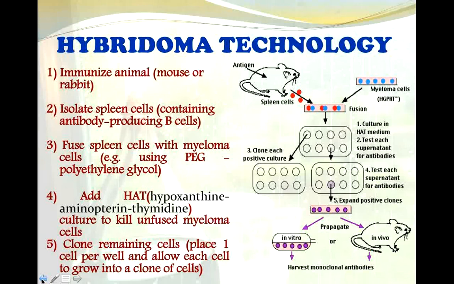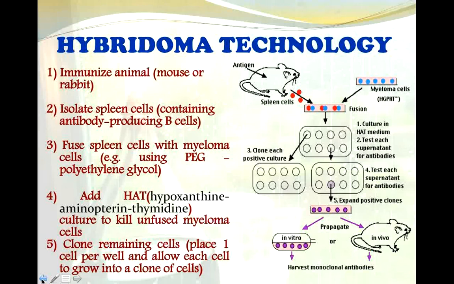The conditions of the procedure must selectively allow the survival and growth of B cell and myeloma hybridoma cells. These myeloma cells are actually mutants which are deficient in one of the nucleotide salvage pathways. That is, these myeloma cells, which fuse with the B cells, are incapable of making one of the nucleotides for synthesis of DNA.